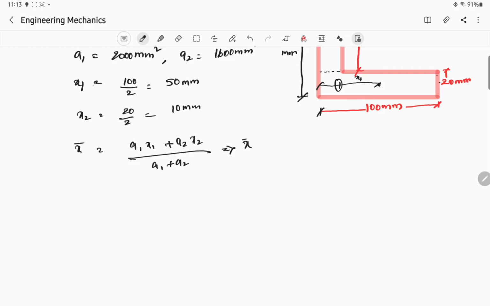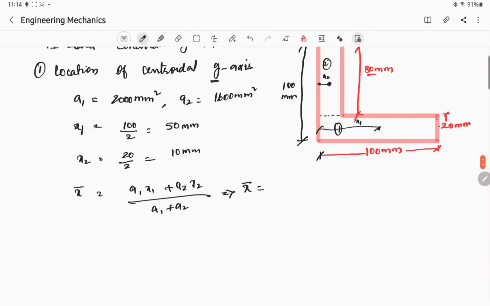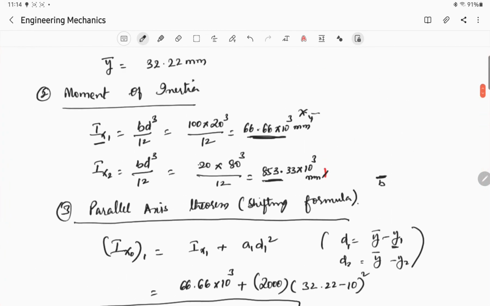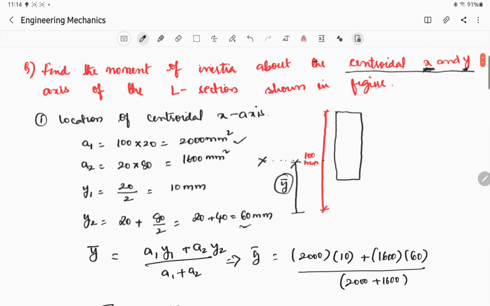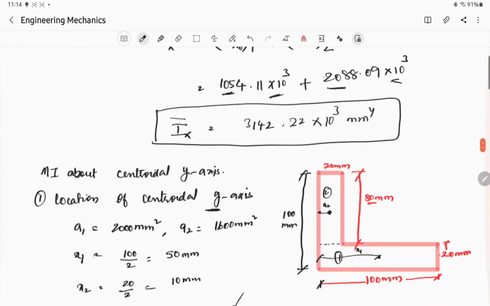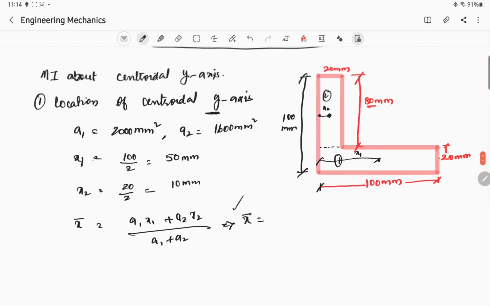Always remember, when you calculate the centroidal y-axis, you have to calculate x bar. When you want to locate the centroidal x-axis, you need y bar. Very important, you have to observe each and everything very carefully.